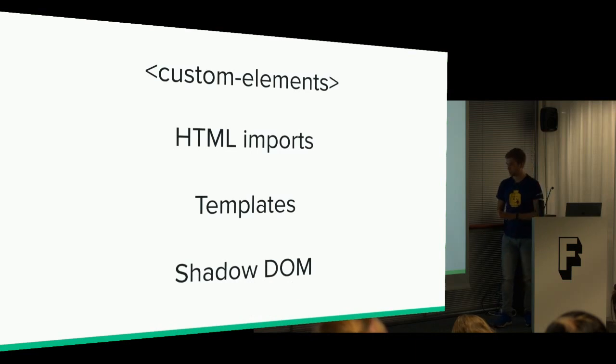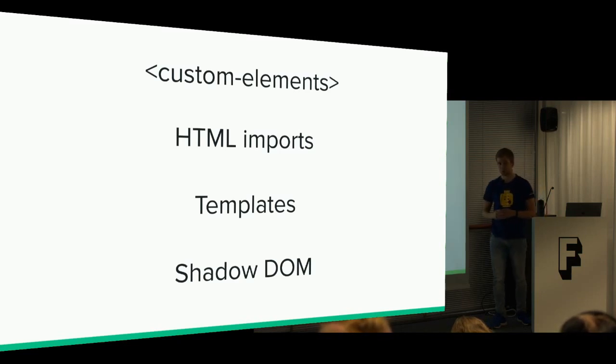And then the last specification is called Shadow DOM. Shadow DOM is kind of complex for the browsers to implement. But what it really means is that we can scope our custom elements to be totally separated from our application's DOM.